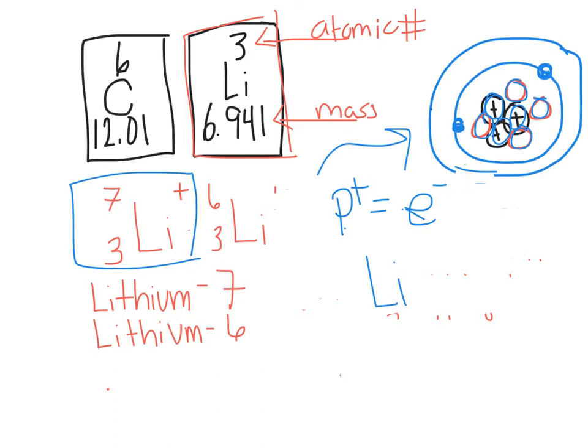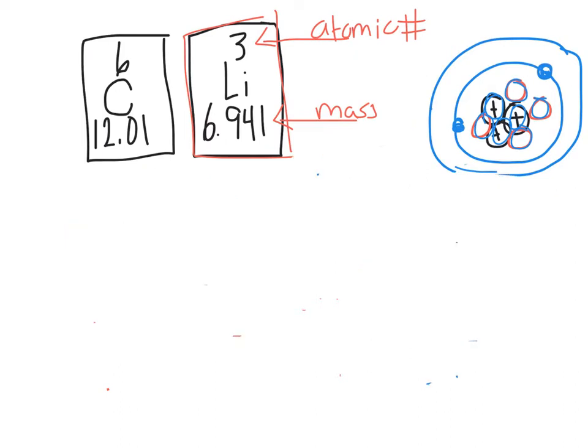And that means my lithium electrons, protons equal electrons, they're no longer equal. If I take away one, now there's only 2 electrons. So that means that this lithium is a positive 1. It feels 1 positive. There's 1 positive thing outweighing the negative thing. Okay, so let's kind of sum all of this up. Protons are positive and they equal the atomic number.